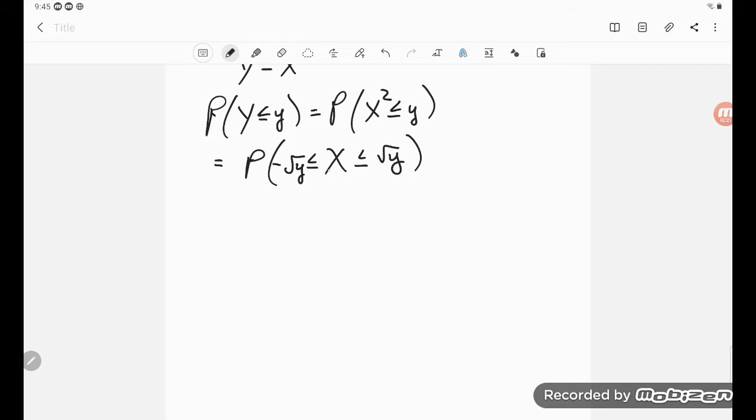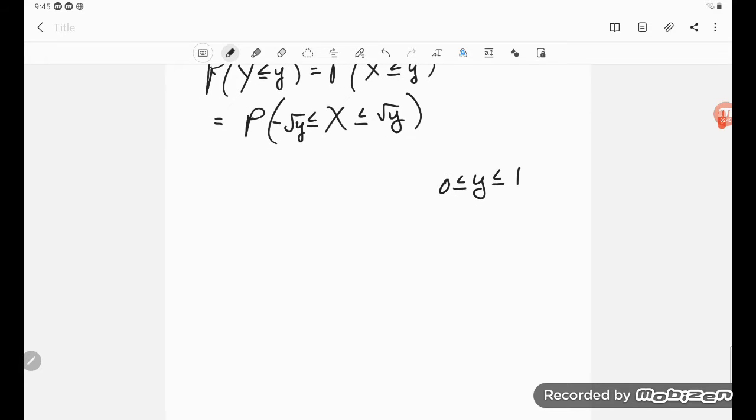So we're going to look at y between 0 and 1, because then this would go from x equal -1, which it can, all the way to 1.